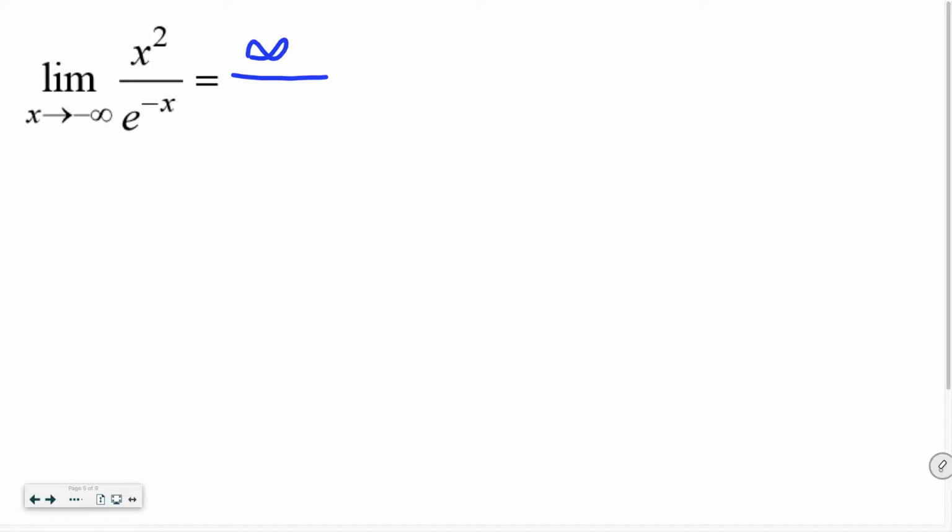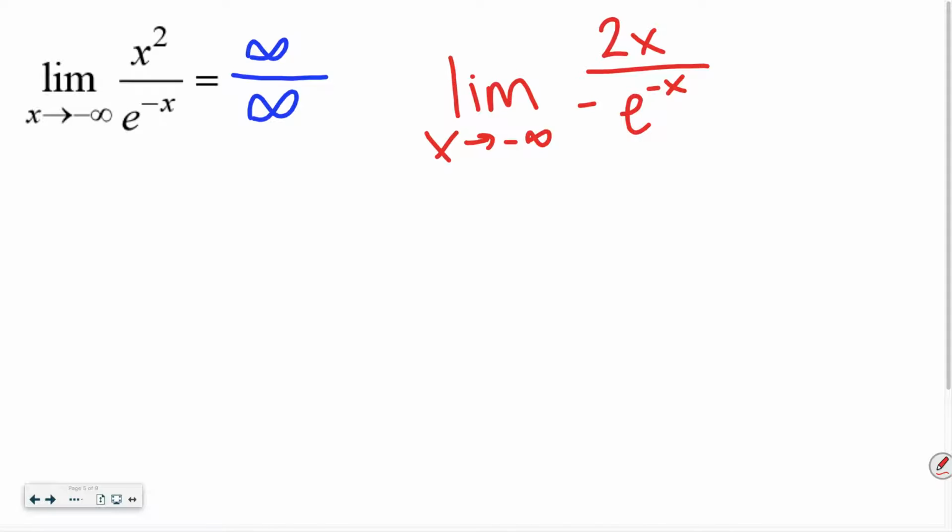So infinity. It's okay. Infinity over infinity is indeterminate. If we have our indeterminate form, we can take the derivative of the numerator over the derivative of the denominator.